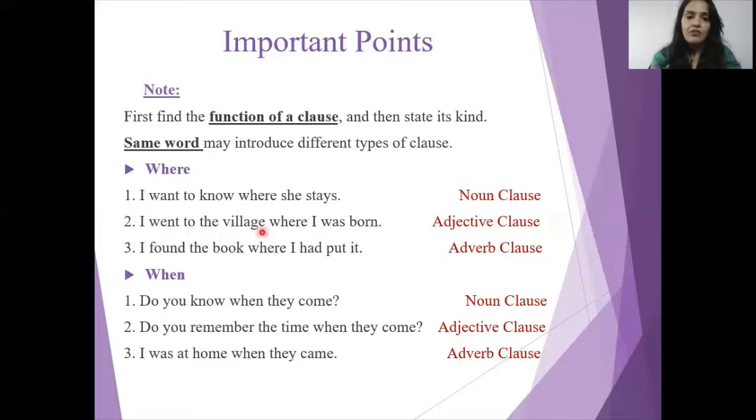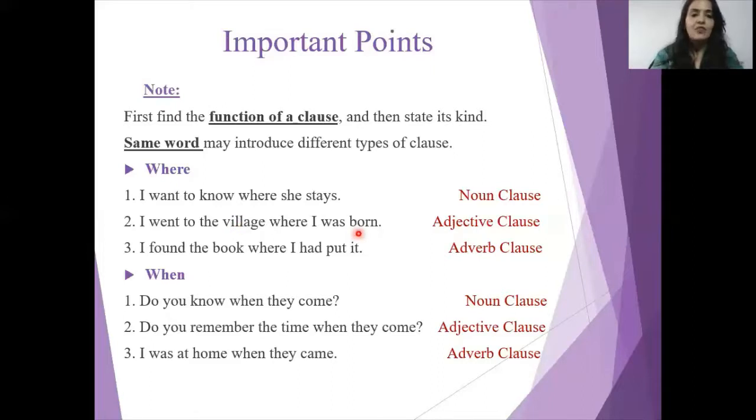I went to the village where I was born. Village is the noun here, and where I was born is telling the quality of the village. It means this clause is qualifying the noun village. How? Because the village is my birthplace.